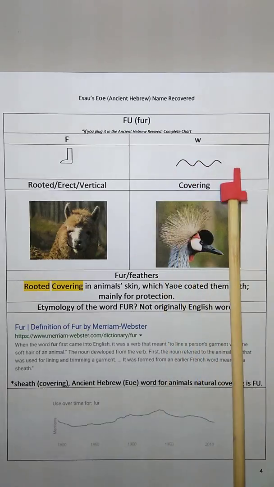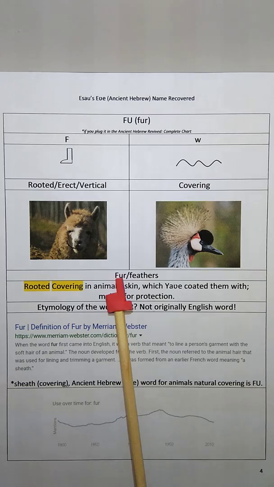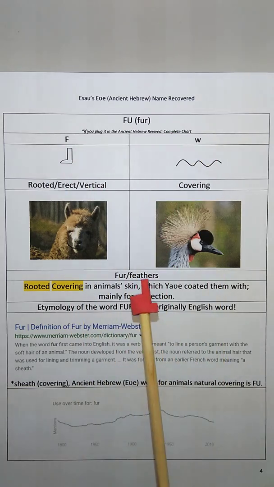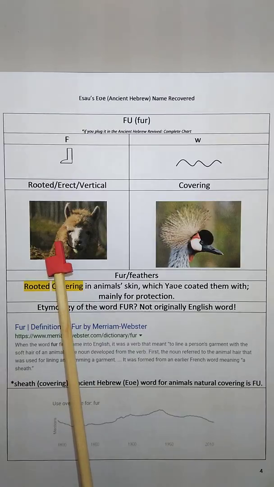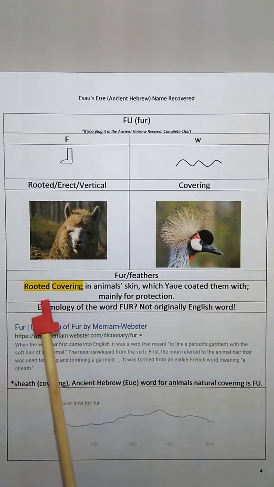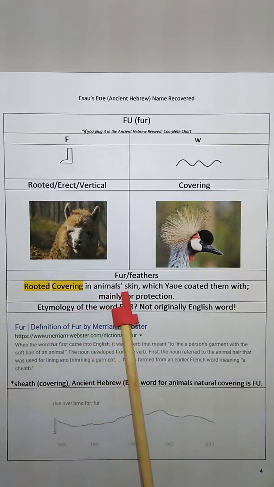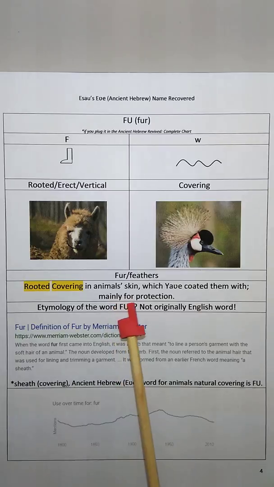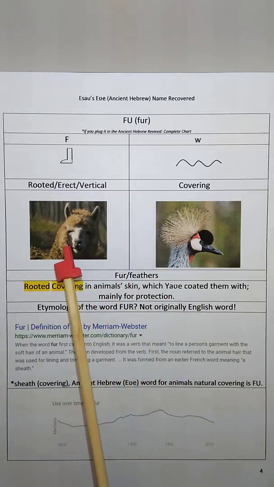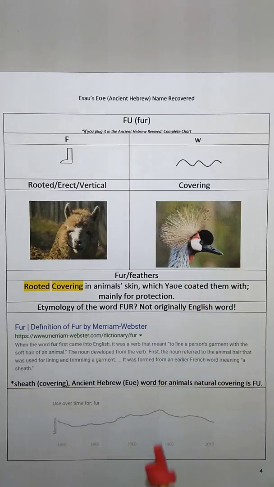And the Wa is a covering. So a Fu in ancient Hebrew is used for both fur or feather. It is a rooted covering in animals' skin which Yahweh coated them with, mainly for protection. So, a fur or a feather.